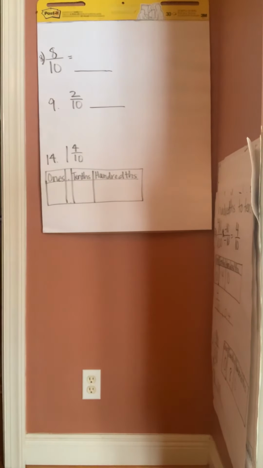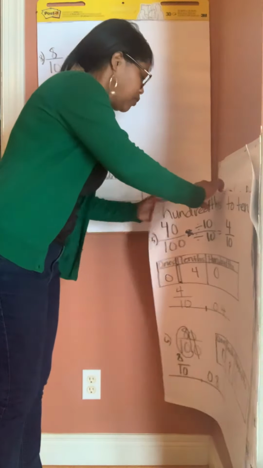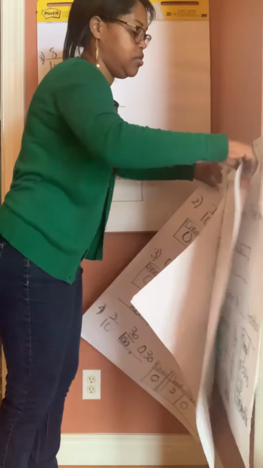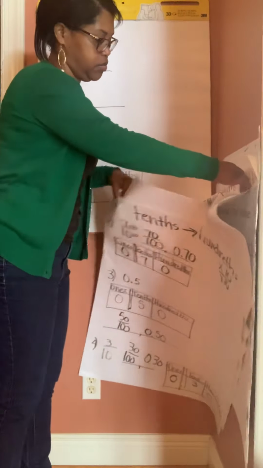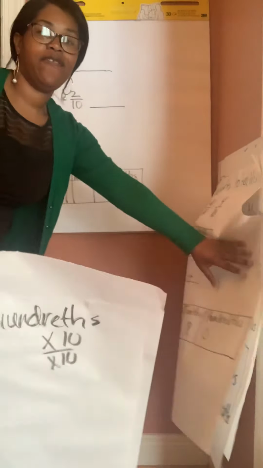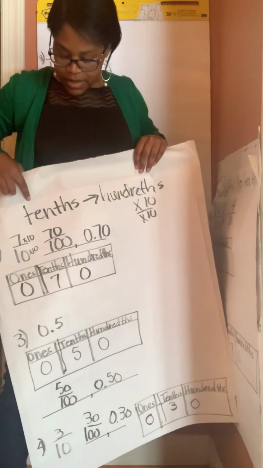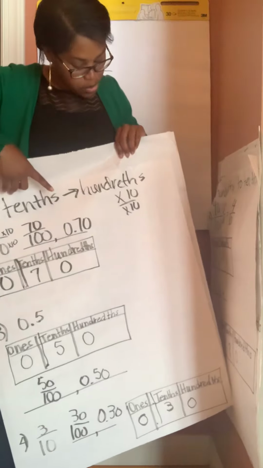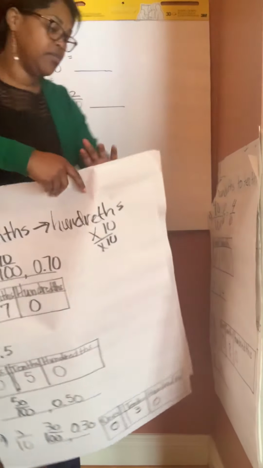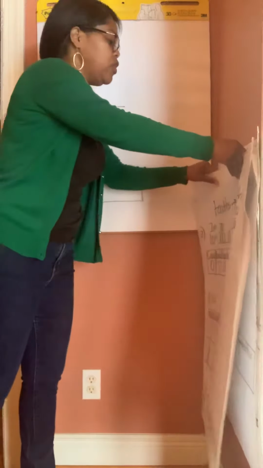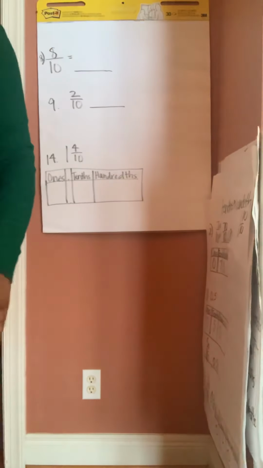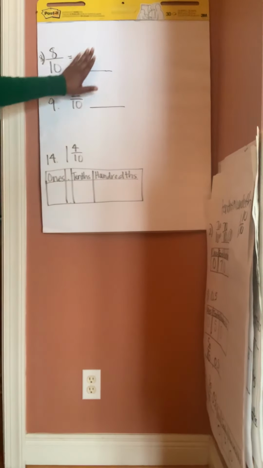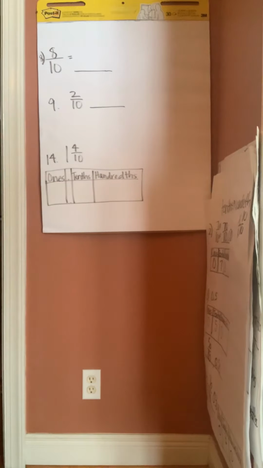I seem to recall right here that I may have said tenths to 100ths, you're going to multiply by 10 over 10. And at this point, you don't necessarily have to write it out. You can actually do it in your head.